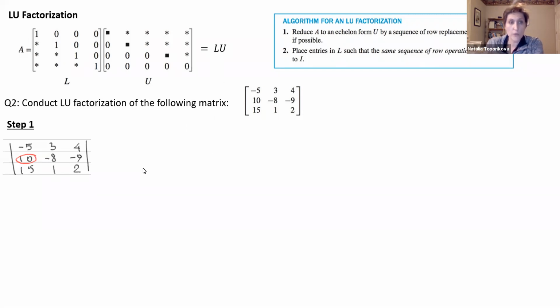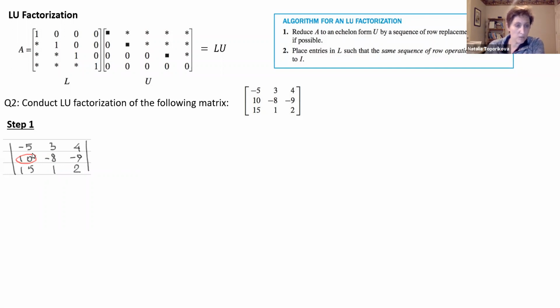As usual, we keep track and record every single multiplication factor we use to reduce our matrix to echelon form. Let's start our usual reduction. Our -5 will be a pivot element, so we need to get rid of the two lower elements in this column, making them equal to 0.